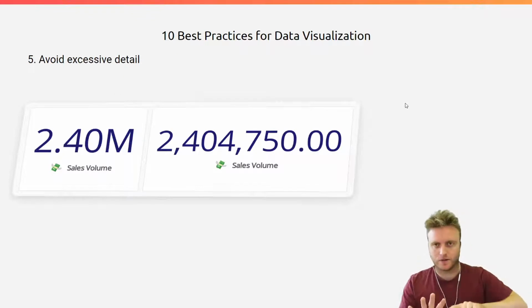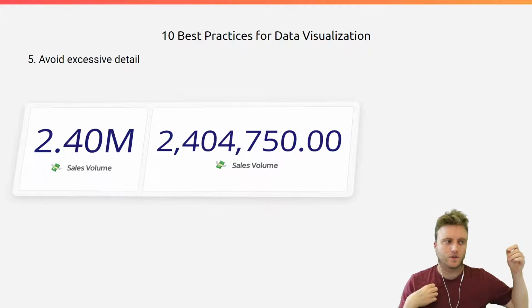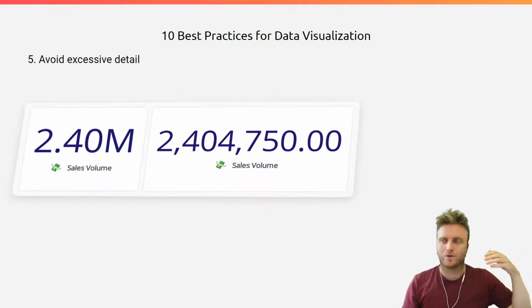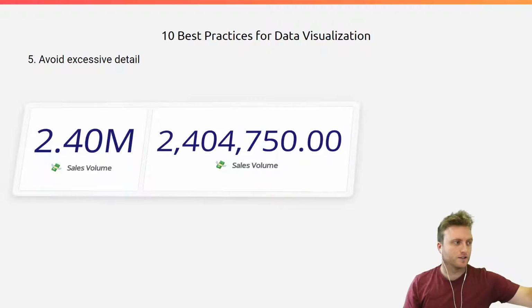Number 5, sorry, is avoid excessive detail. Quite simple example here. If you only remember 7 objects or 7 numbers in a dashboard, then it's much easier to memorize 2.4 million than 2,404,750.00.